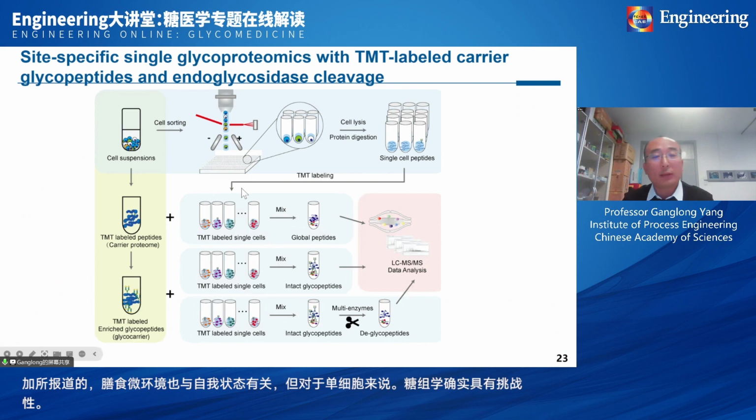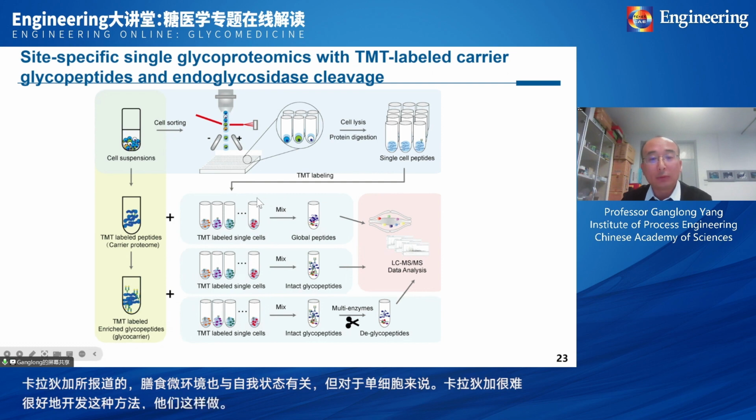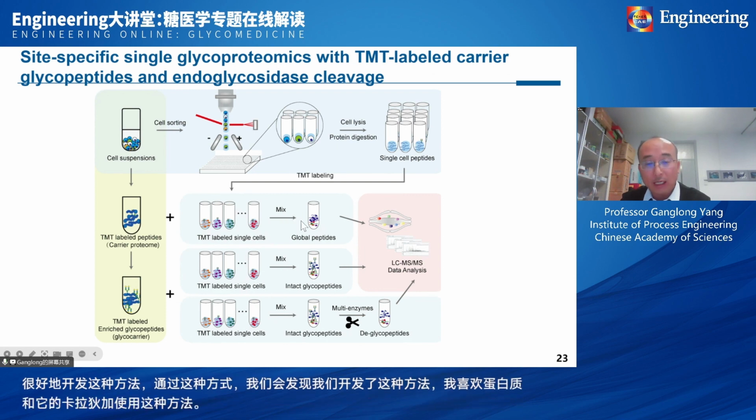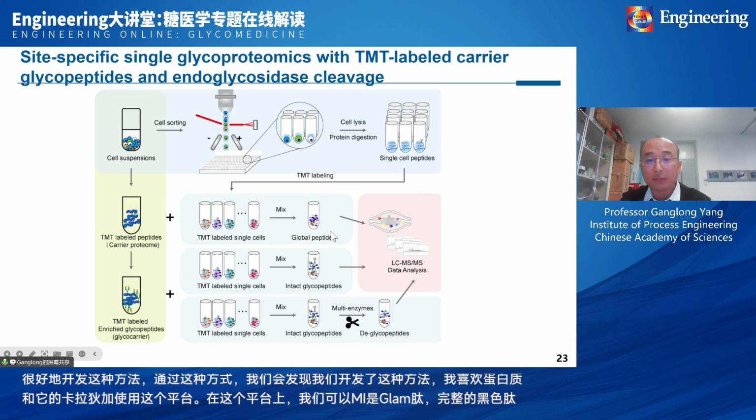To develop this method, we developed a method to analyze the proteins and their glycosylation using this platform. In this platform, we can analyze peptides, intact glycopeptides and deglycopeptides with a similar strategy.